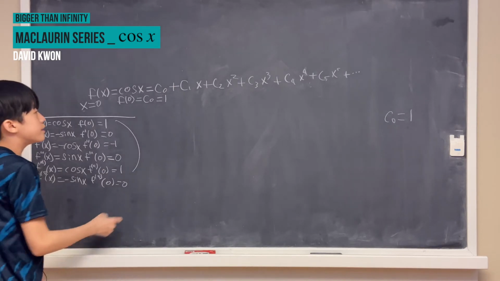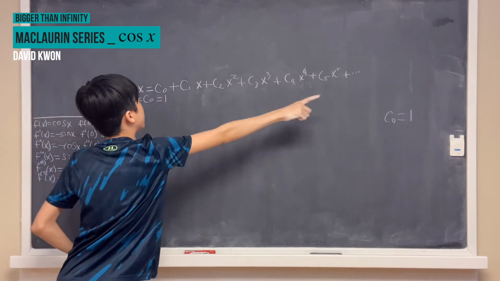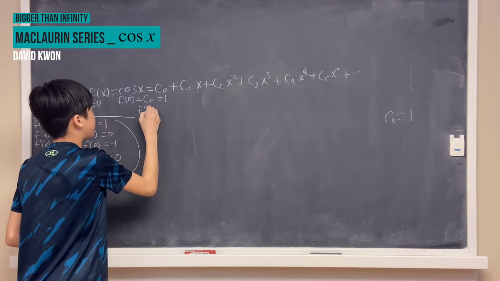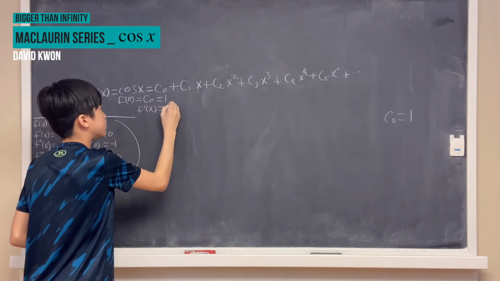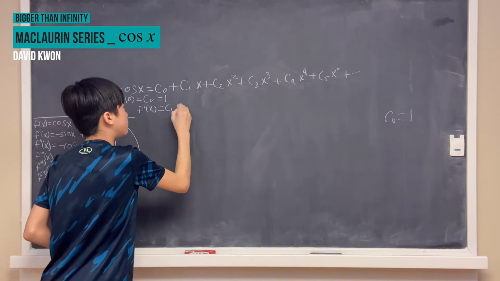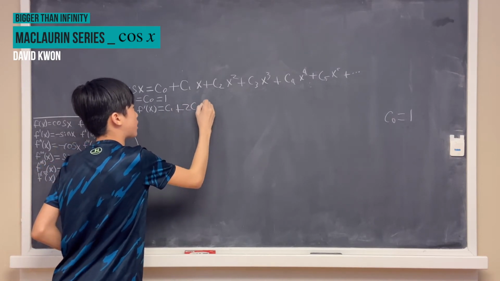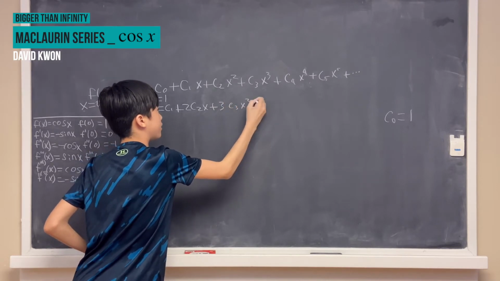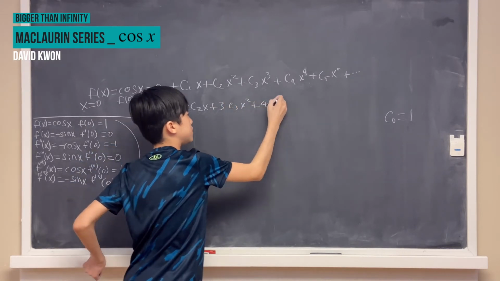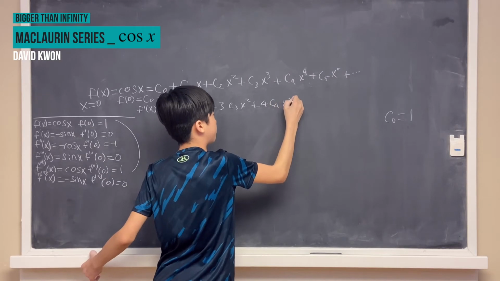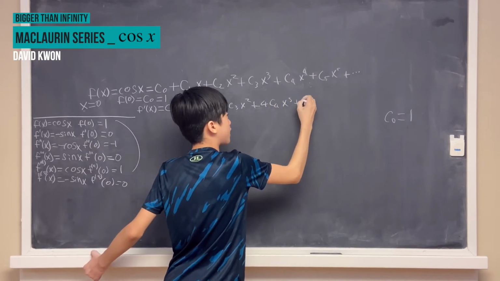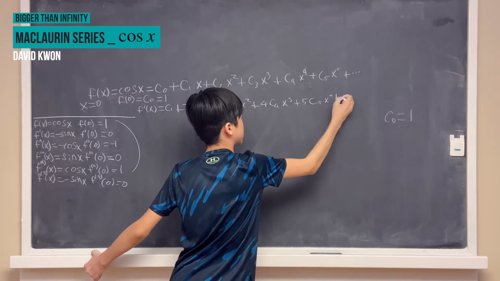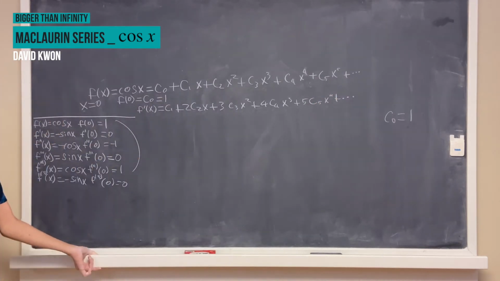Now we will differentiate this function. We get f prime x is equal to c sub 1 plus 2 times c sub 2 times x plus 3 times c sub 3 times x to the power of 2 plus 4 times c sub 4 times x to the power of 3 plus 5 times c sub 5 times x to the power of 4 plus dot dot dot.